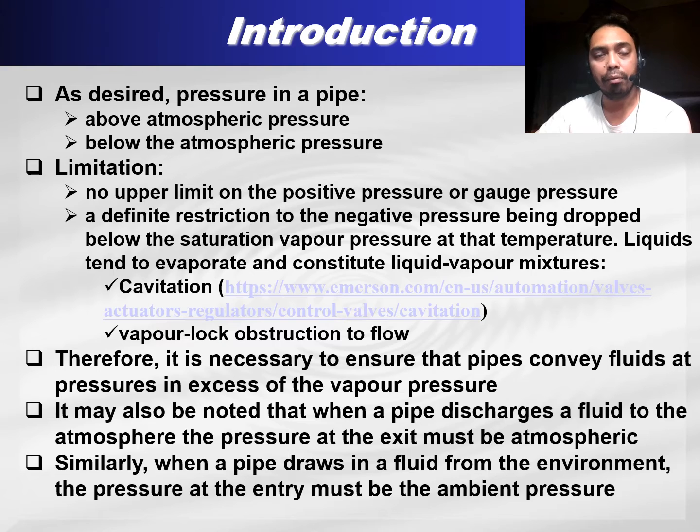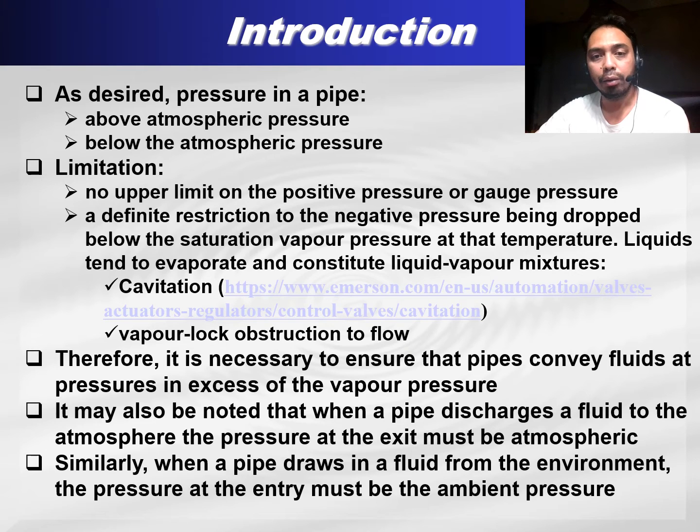It becomes very abrasive and then it can damage the component, for example, in the valve, in the turbine blade, and these are actually common problems occurring in the pipe flow.